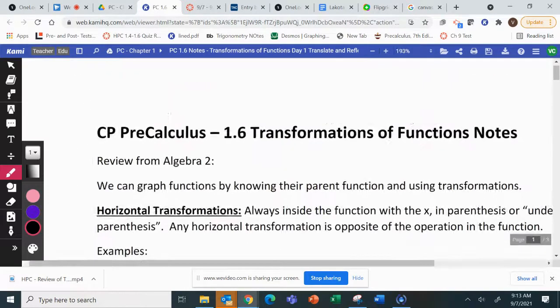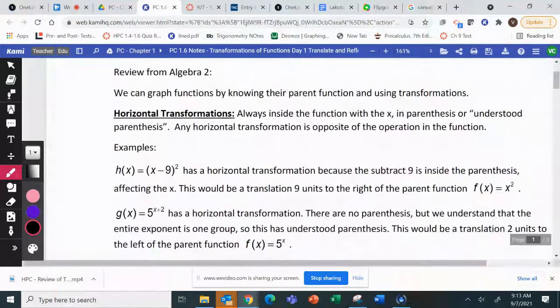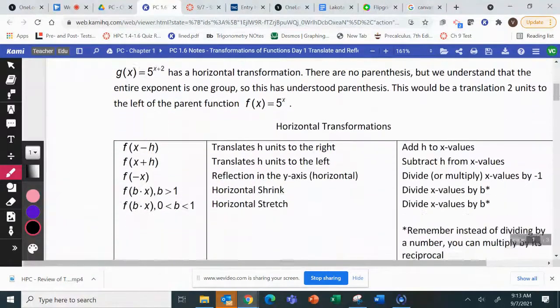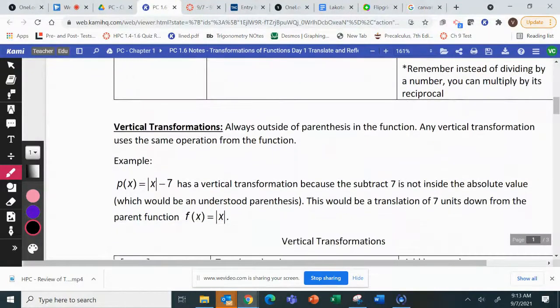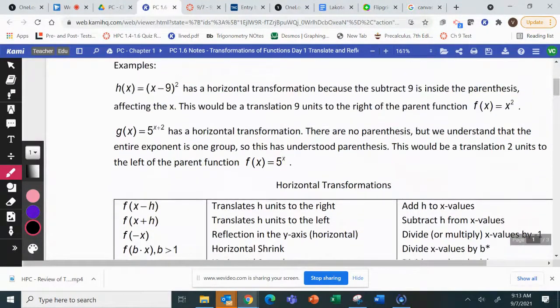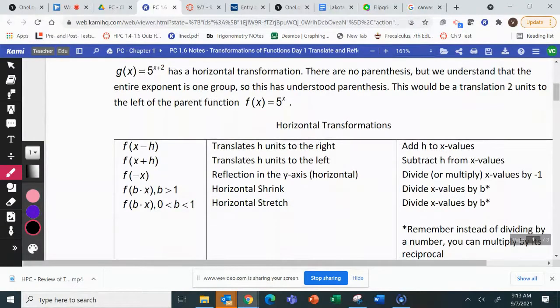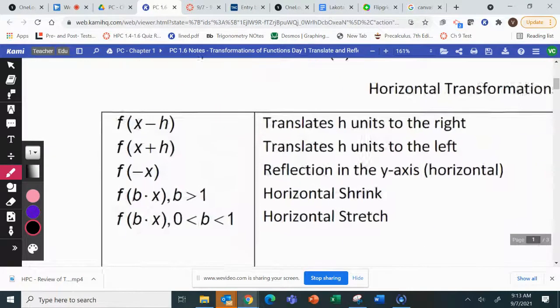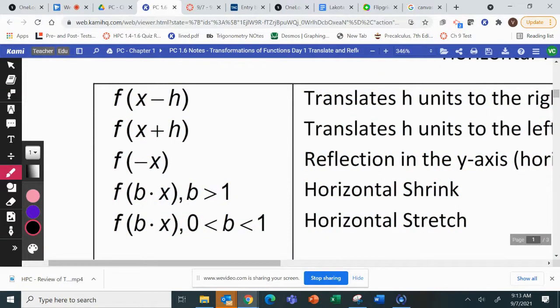Down below, I've got horizontal transformations labeled, and even further down below, vertical transformations. So we want to look at horizontal transformations and vertical transformations separately. And then you'll see in these functions, we've got x minus h, x plus h. We've got f of negative x.